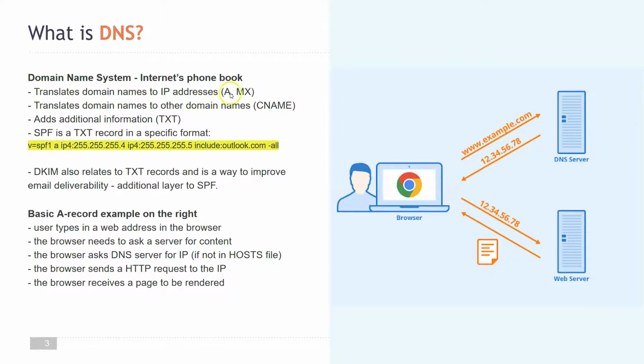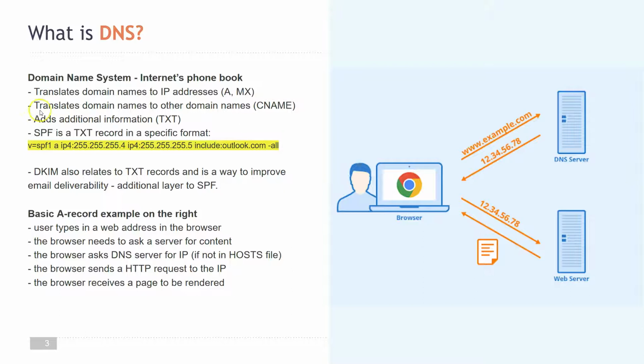That applies to A records, which we all know, and that's what translates a web address to an IP address. The same applies to MX records, which is exactly the same thing, just for emails, because obviously emails can be hosted on a different server than the web server for the website.